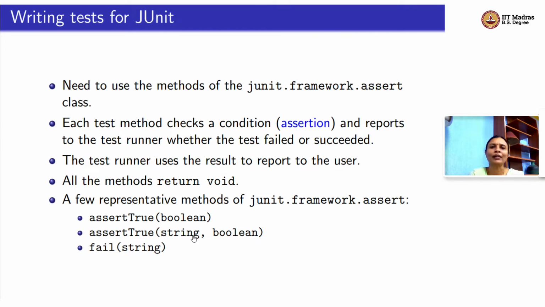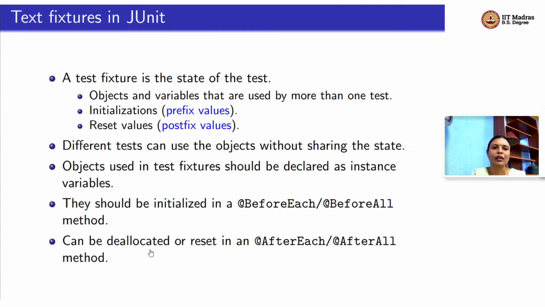It's just a comment that you add, which will be displayed in the console, so that as a tester you understand whether the assertion passed or failed. This is another kind of assertion. It just says fail. It means that if something fails, then you output a message that the string contains. We'll see some examples as we move on.